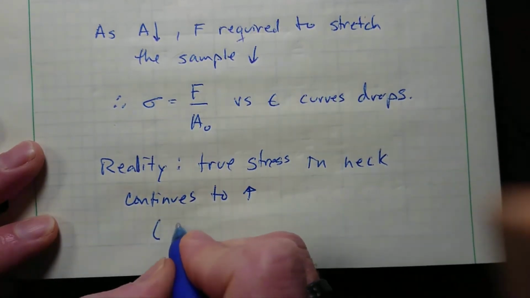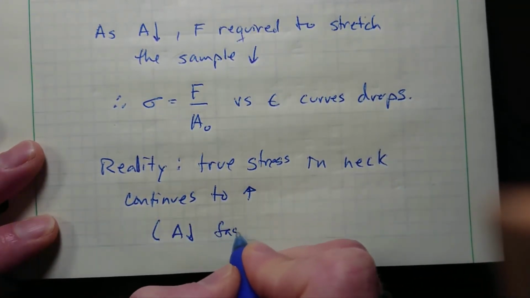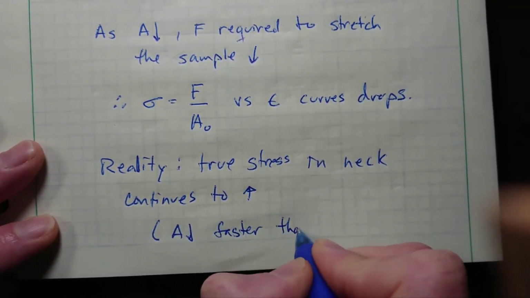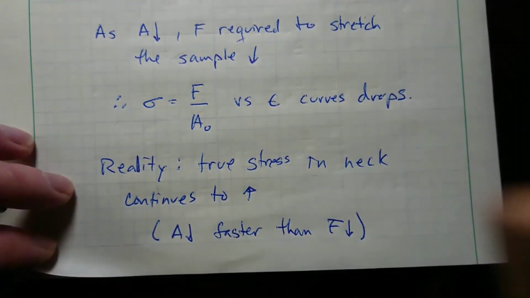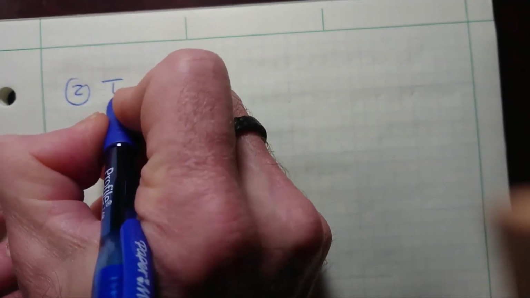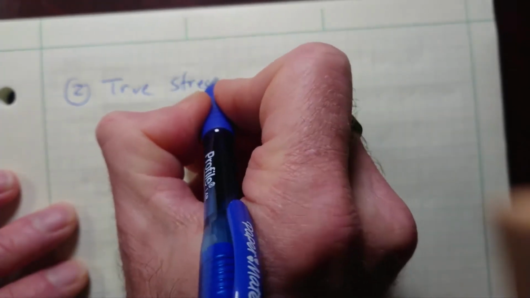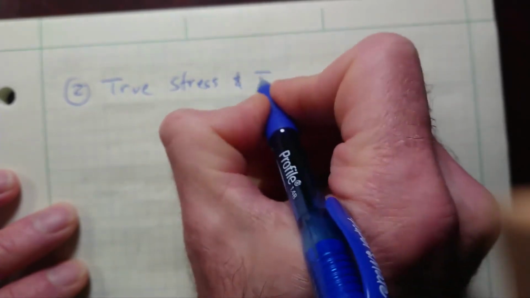But what's happening is that A goes down faster than the force goes down. So the true stress actually increases in the neck. So this leads us to the concept of true stress and true strain, which start to become important when deformations get large.